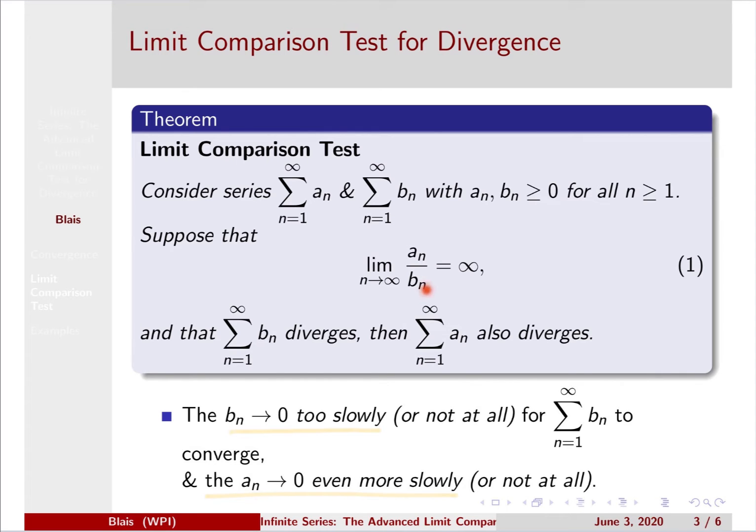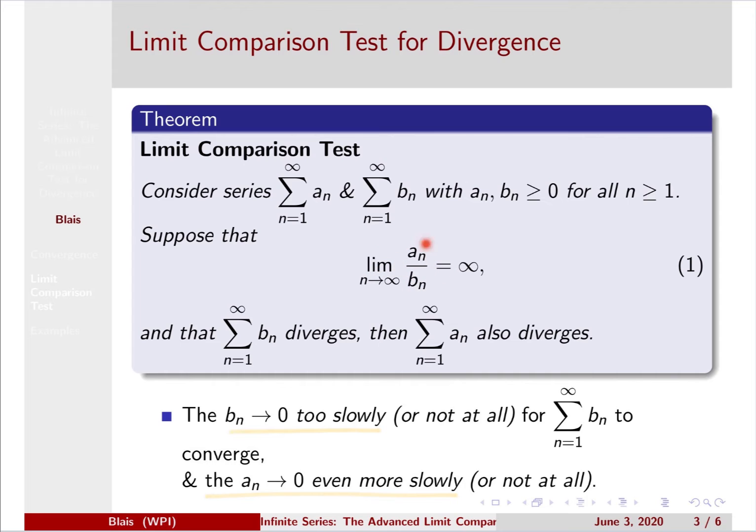So if b sub n is going to zero, but too slowly, so that the sum of the b sub n's is infinite, and this limit is infinite, it means that a sub n is going to zero even more slowly. So b sub n is going to zero, a sub n is going to zero at a much slower rate to result in this limit being infinite.